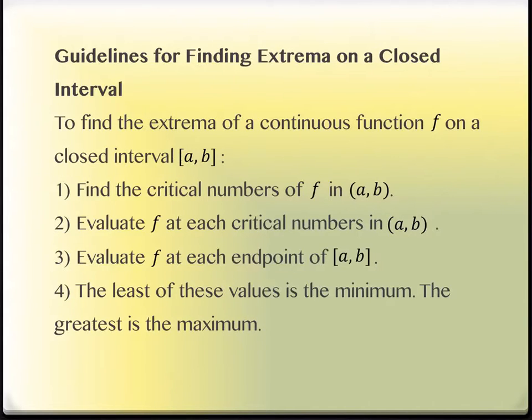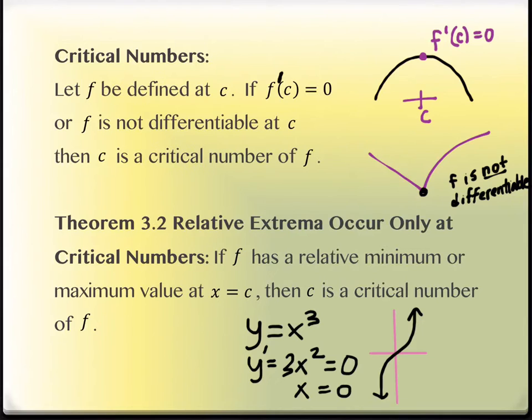So if we find out, for example, on the little off-the-cuff example at the bottom, I found out the critical number is x equals 0. If I were on a closed interval, let's say my interval went from -2 to 3. That doesn't look like 3. How about I just call it 2? I didn't want to use 2, but that's fine. -2 to 2.